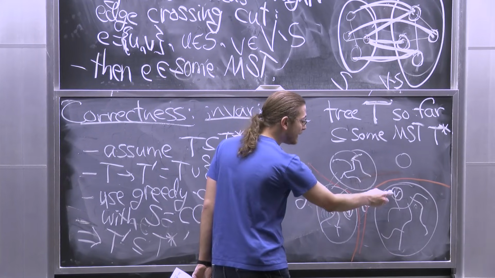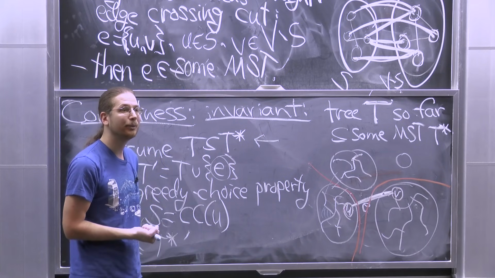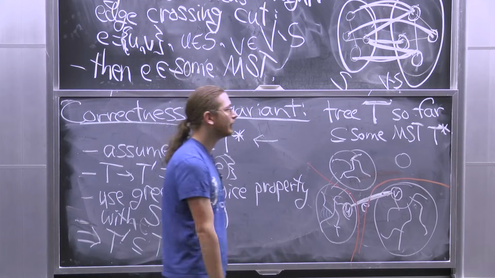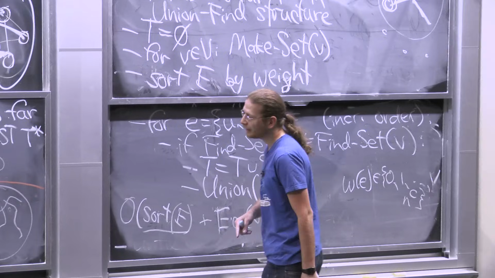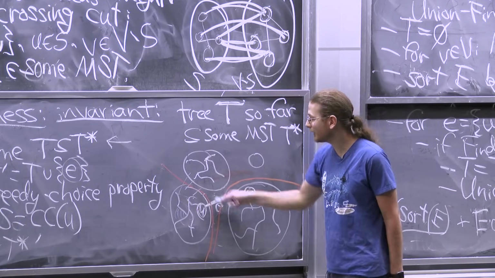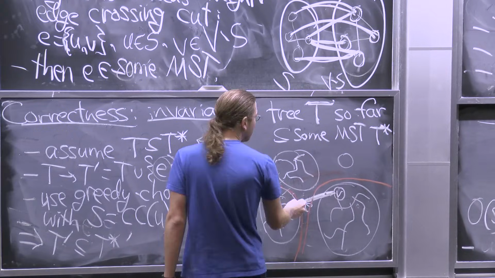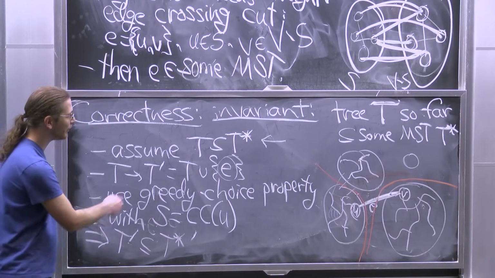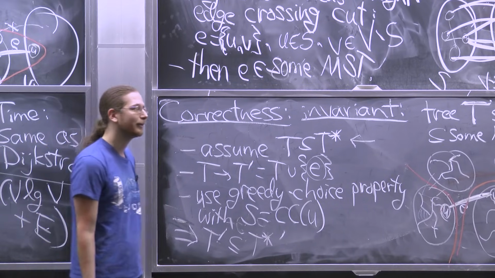So E is basically the first edge that we're considering that crosses this cut, because otherwise we would have added that other edge first. So here we have to do sort of the greedy argument again, considering edges by weight. And E is going to be the first edge that crosses this particular cut, which is this connected component versus everyone else. So E has to be the minimum weight edge crossing the cut. So the greedy choice property applies. So we can put E in the minimum spanning tree, and this algorithm is correct.